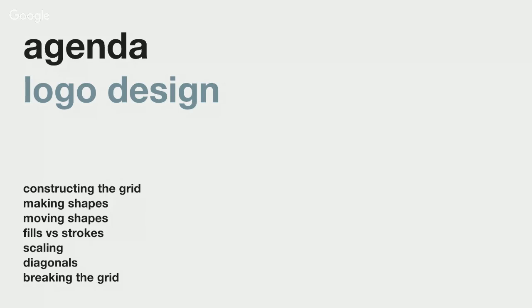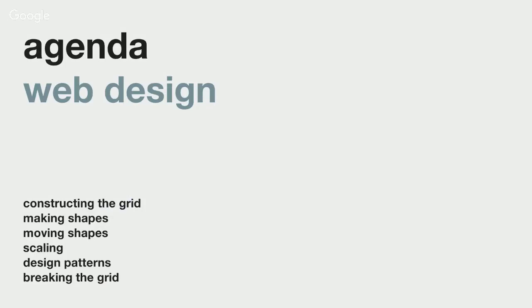We talked about scaling, switching from an 8x8 grid to a 16 by 32, and how that will increase the fidelity of your designs if needed. And we talked about breaking the grid, using it to inform organic shapes. And then within our web design agenda, we talked about basically the same things. Also design patterns.